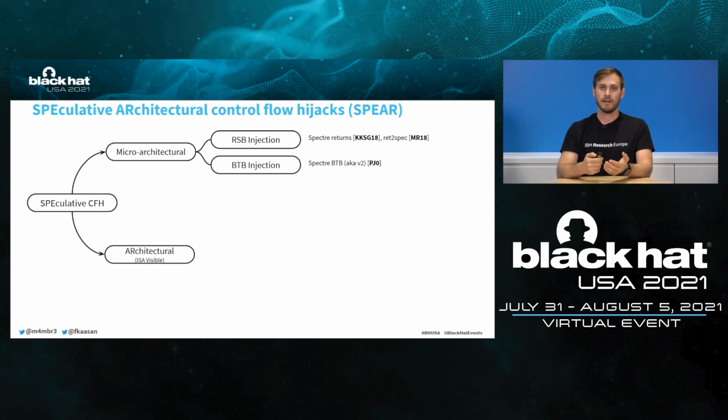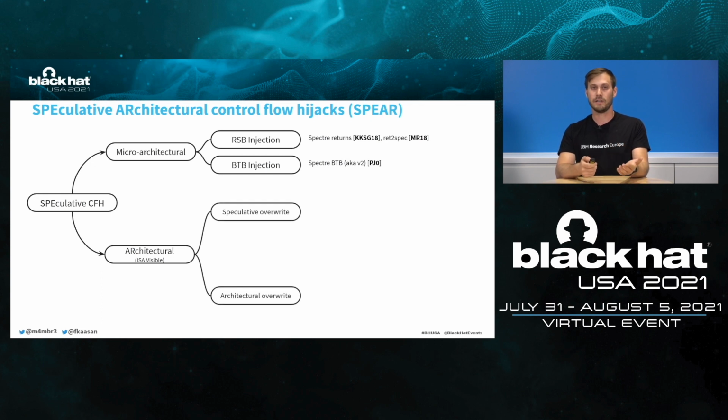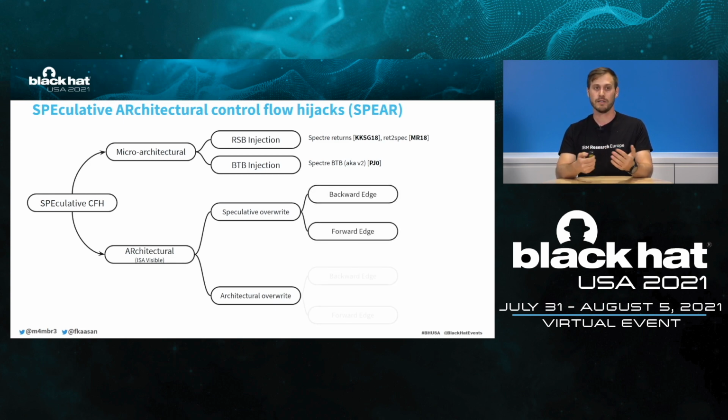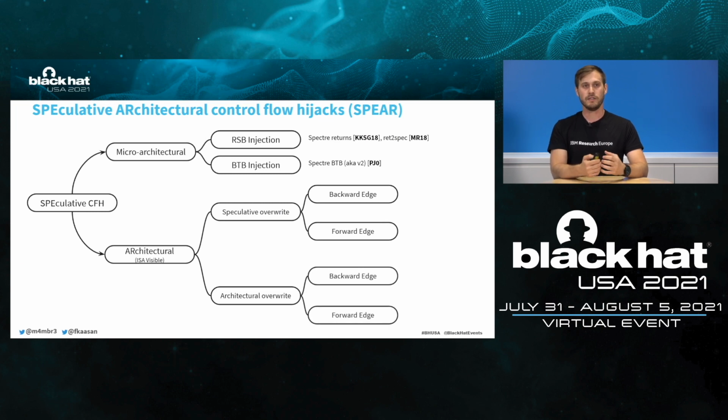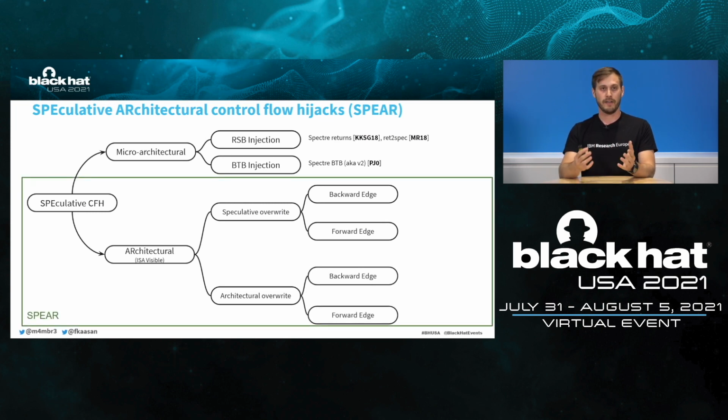And we can poison these elements either with a speculative override or a concrete override at the architectural level. And we can overwrite, in both cases, backward and forward edges. So this subfamily of speculative control flow hijacks, we call SPEAR, speculative architectural control flow hijacks.